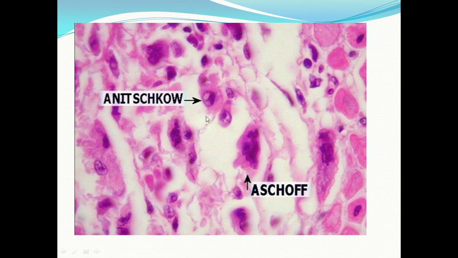The Anitschkow cells are more or less spindle-shaped or fusiform in shape with round nuclei and amphophilic cytoplasm, neither eosinophilic nor basophilic, and these Anitschkow cells come together, forming larger multinucleated giant cells, and these giant cells are known as Aschoff cells.